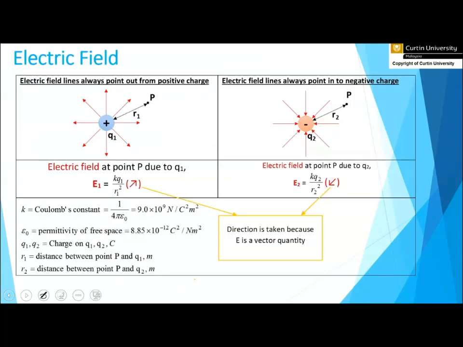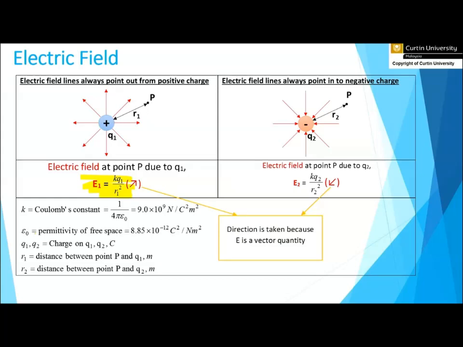Okay, so if we look at the example here, electric field for positive charge is always going outwards from the positive charge. So the formula of electric field is given that is referring to one charge only, right?